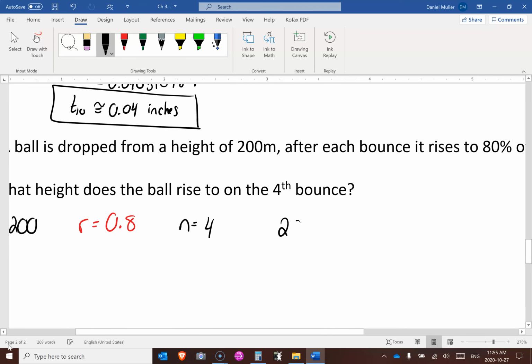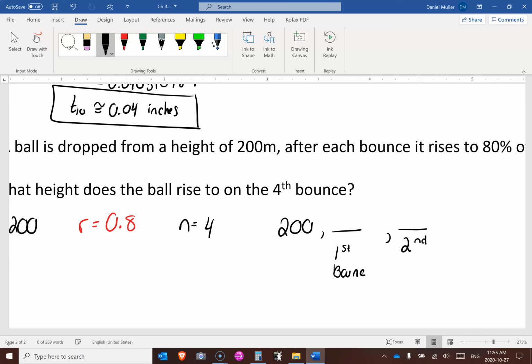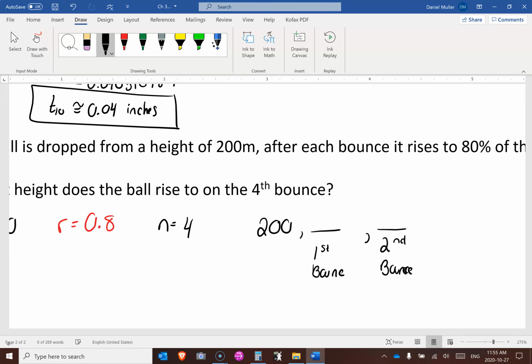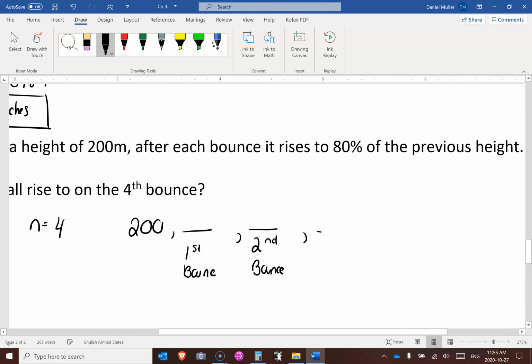We're at 200, then we've got the height of the first bounce, then our second bounce, third, fourth.